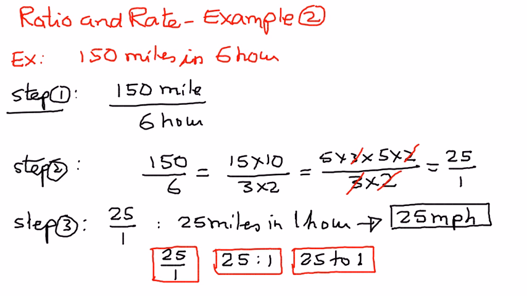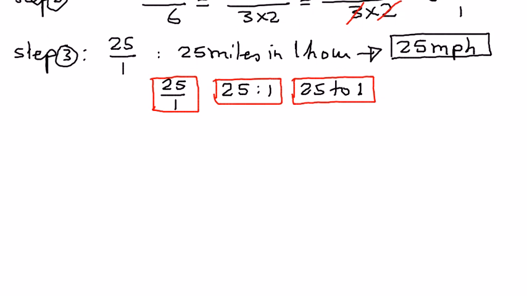So let us try to understand another example to explain the rate part of it. Okay, let's say this time we have an example related to dollars and the number of hours we're working.